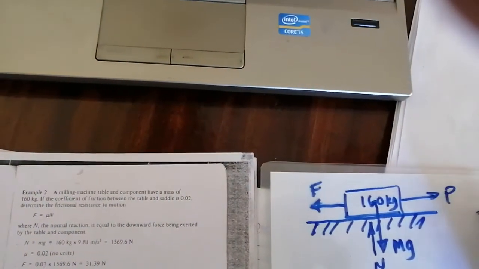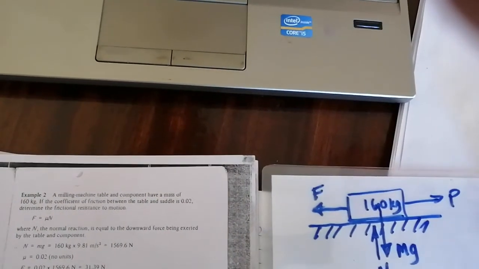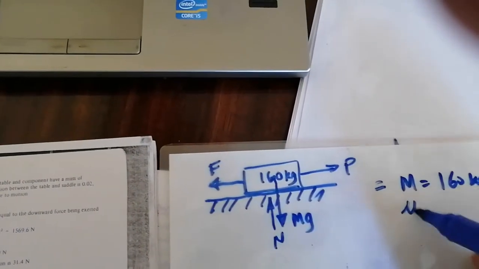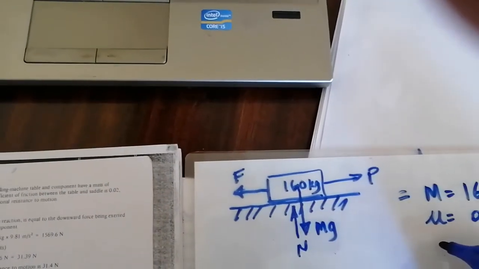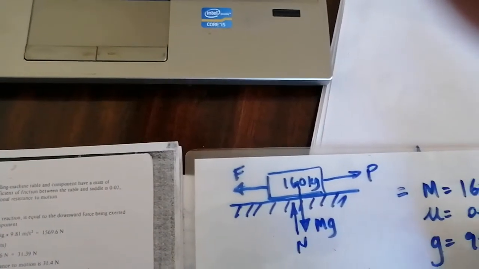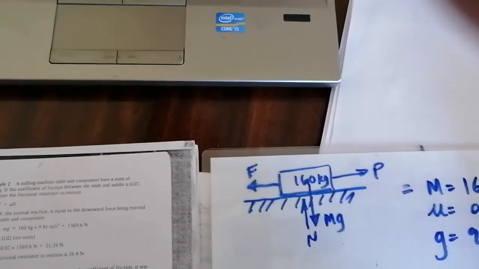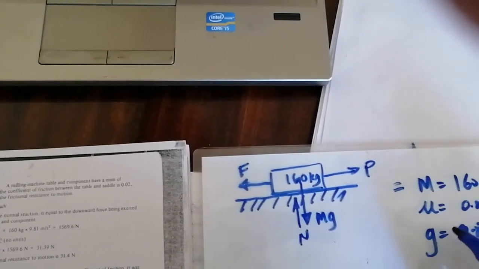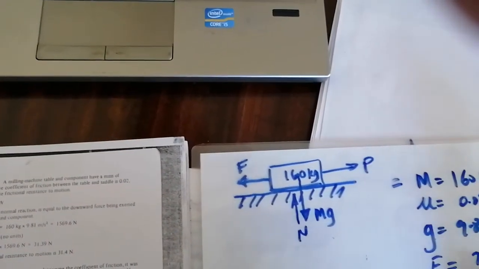So what are we given here? We've been given the mass as 160 kilos. We have the coefficient of friction as 0.02, and we know that gravitational pull is 9.81 meters per second squared, and we're looking for friction resistance.